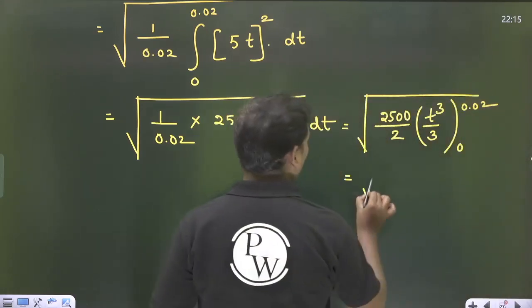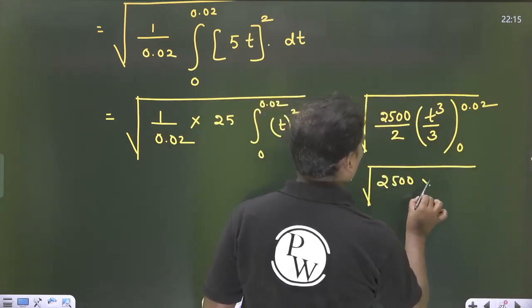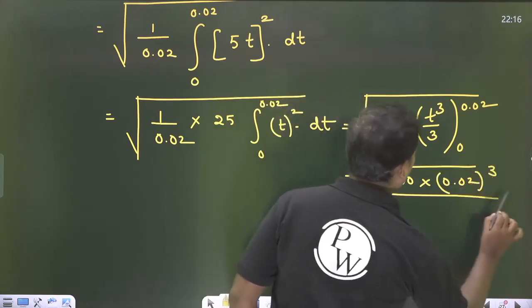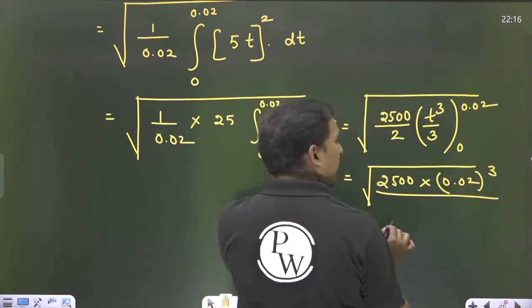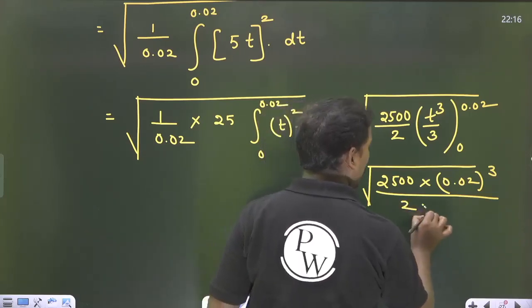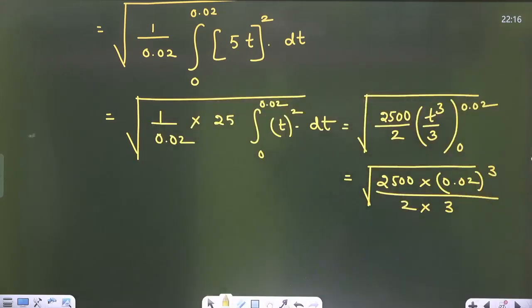If you simplify, we are going to get 2500 into 0.02 whole cube divided by 3. How much are we going to get? Let us check, use the calculator.